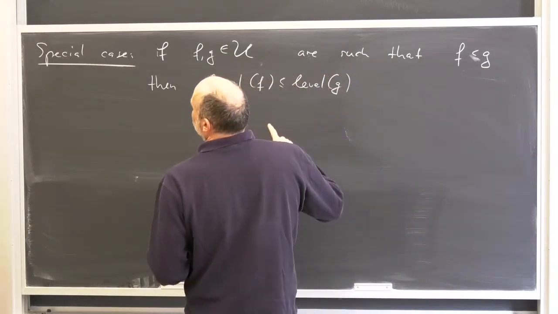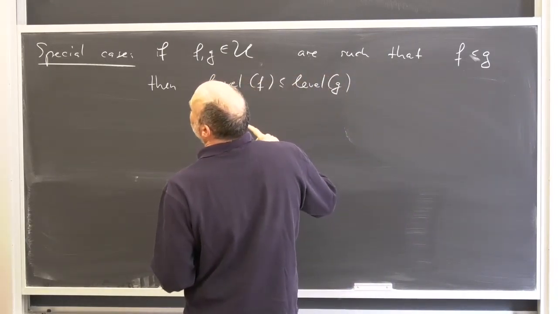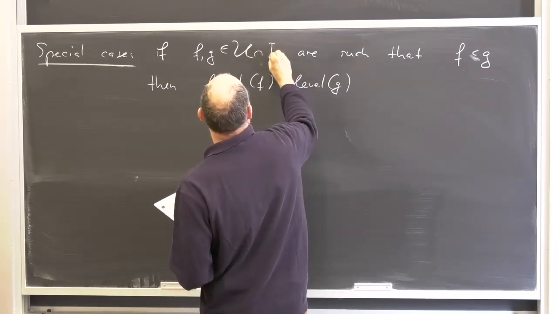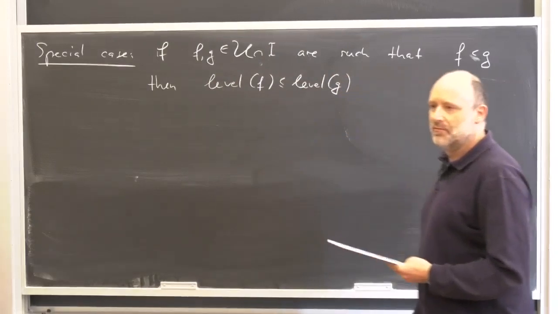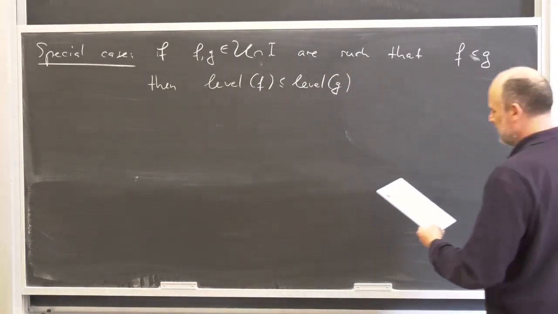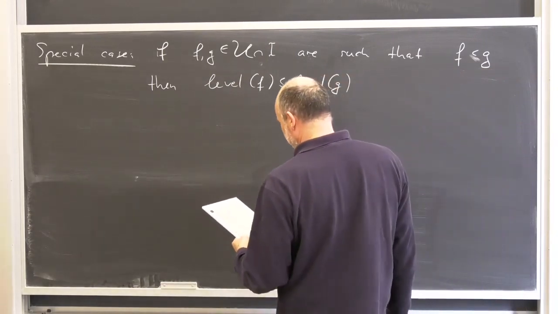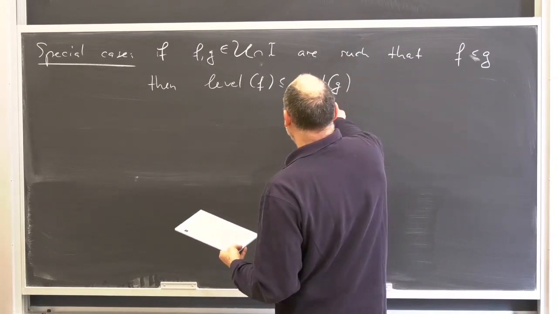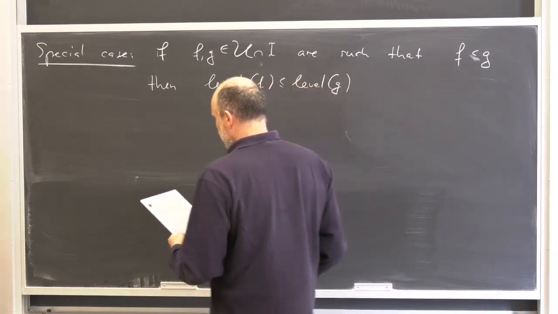Okay. Oh, I see. Yeah, I should probably say infinitely increasing. Purely infinite could also go to minus infinity. I'm looking at the positive ones here. Okay. So the level of f is less than or equal to the level of g.